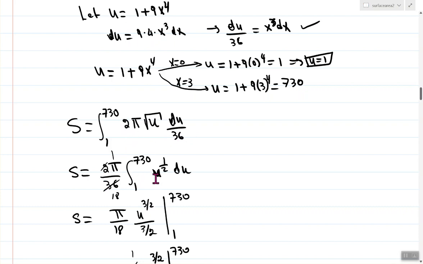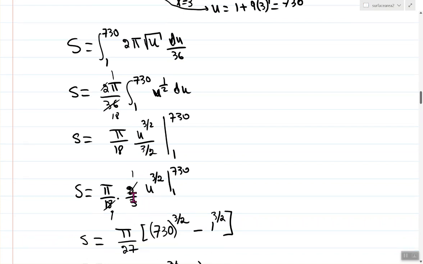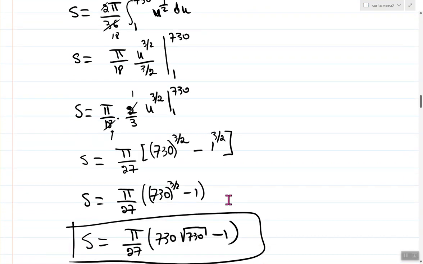Then I will integrate u to the 1/2, which gives you u to the 3/2 over 3/2, and dividing by a fraction makes 3/2 into 2/3. Simplify the 2, so we get pi over 9 times 3, which is 27. Plug in 730 for u, minus, and then you plug in 1 for u, and then you get the answer.